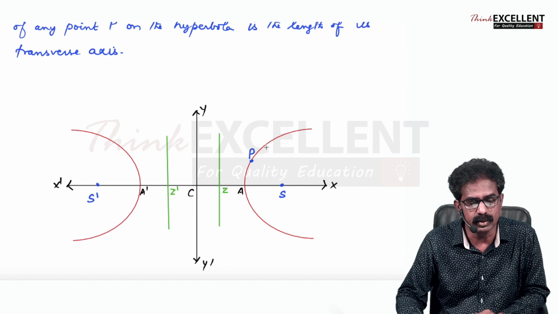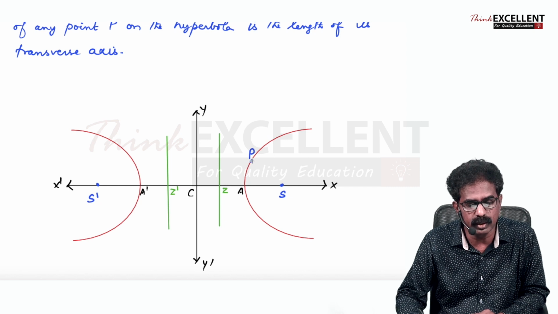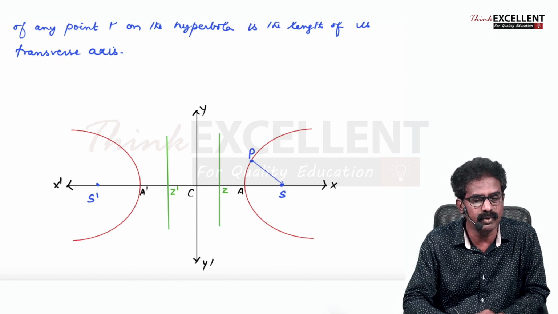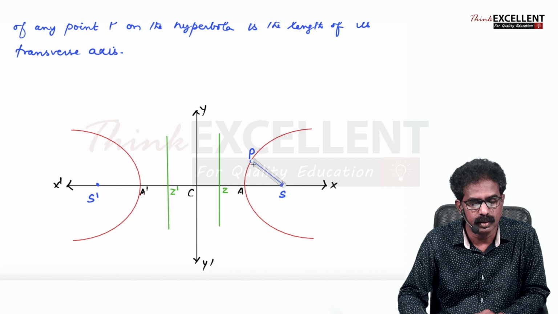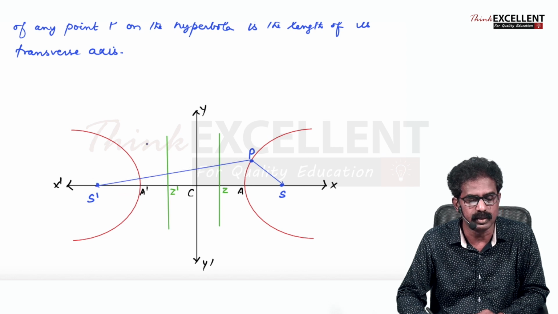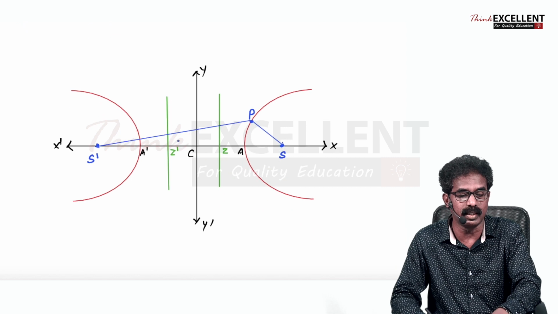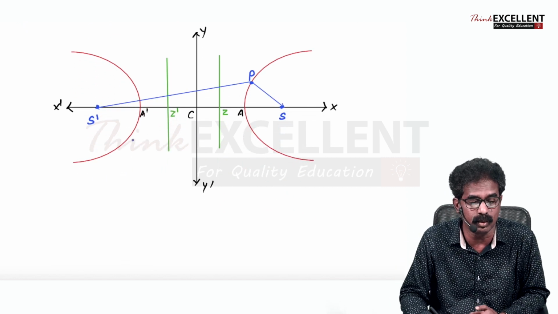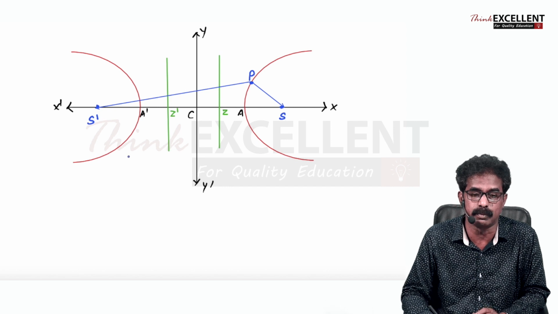Now, the focal distances. The distance from a focus to that point is one focal distance, and another focal distance is from here to this focus. So these are the two focal distances. The difference of the two focal distances: S dash P, the longer one, minus SP.